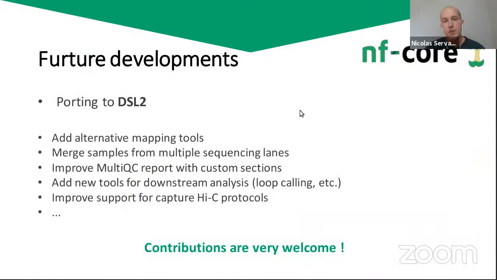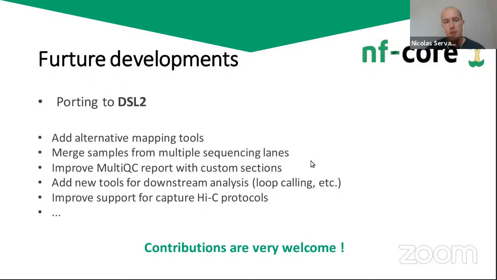Okay, so about the future developments. The most important one is to port the pipeline into DSL2, which is something that we have to do, I hope, this year. Then there are many things to do: adding other mapping tools instead of HiC-Pro, if anyone is interested; being able to merge multiple sequencing lanes, especially for very high sequencing depth.